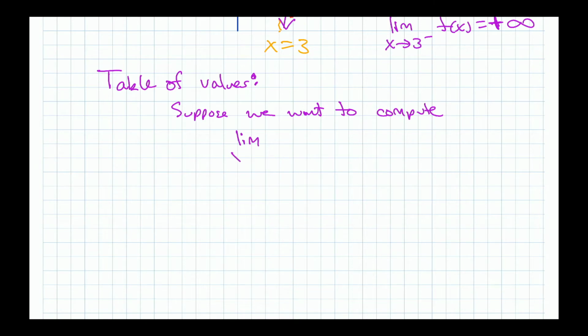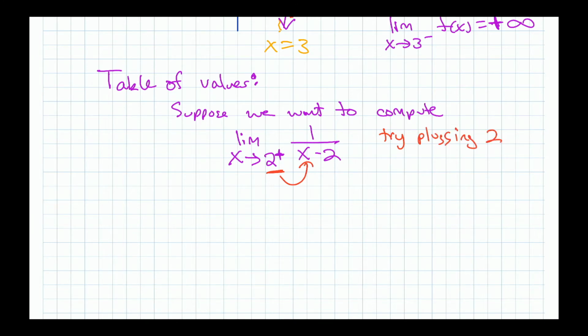This one: the limit as x goes to 2 from the right-hand side of 1 over x minus 2. Now, think about how to evaluate this based on what you know right now. You would probably try to plug the 2 in for the x. So you try plugging in 2.